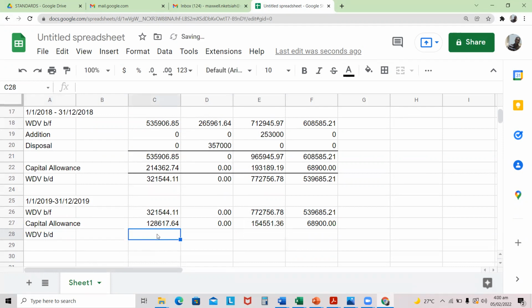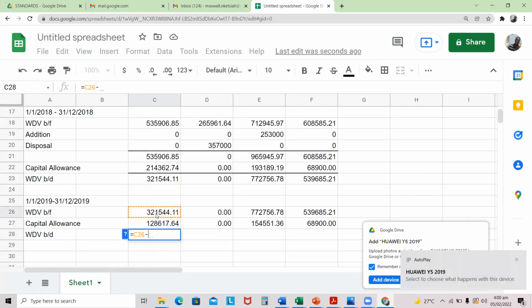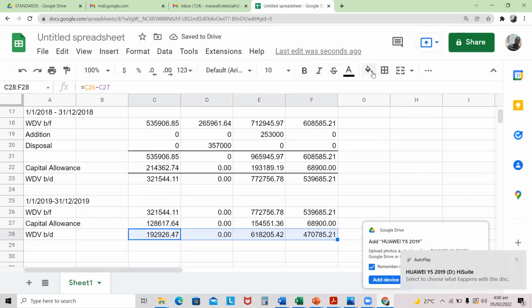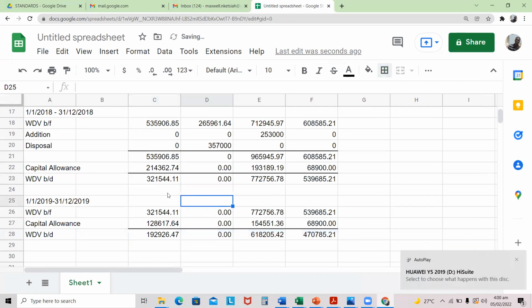So the written down value brought down is this minus this, like this.